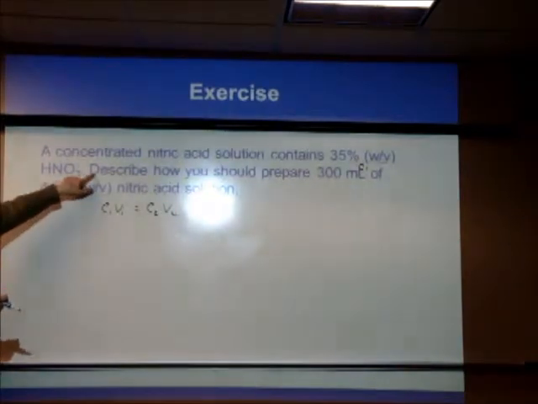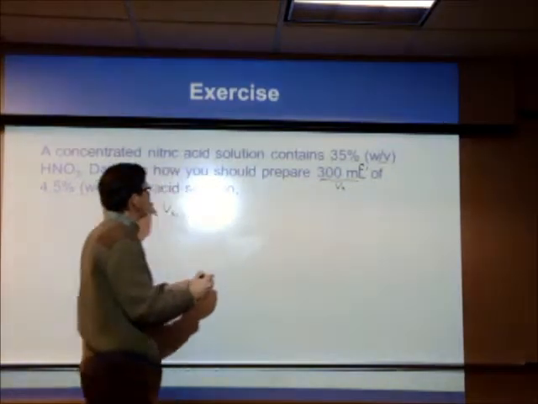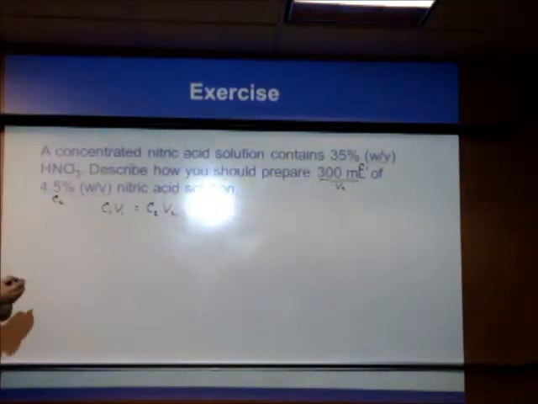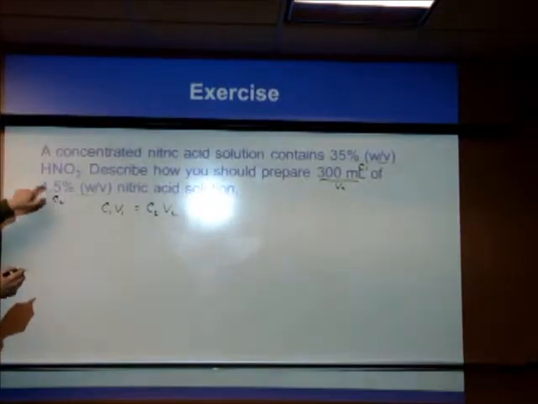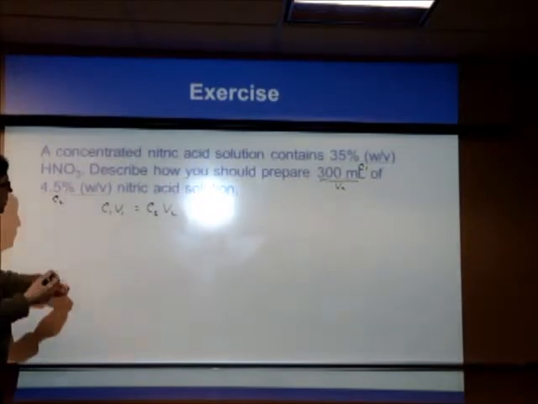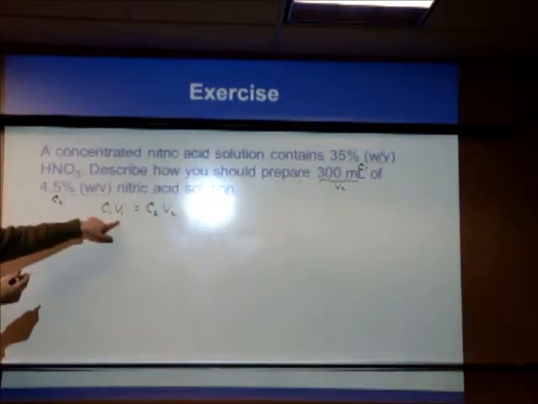And describe how you should prepare 300 milliliters, V2, of a 4.5% weight per volume nitric acid solution. So the 4.5 is C2. So what I need to calculate, what I don't know, is how much of that 35% weight per volume nitric acid I need.